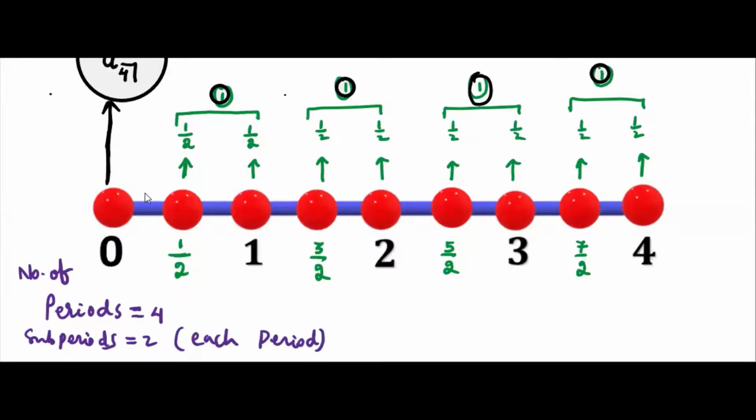However, when you use the first method, if you count this way, 1, 2 this way, then what will happen? You will have 8 periods and the notation will be different. Notation will be A8. We write 8 here. When we say 8 periods, we write 8 here.